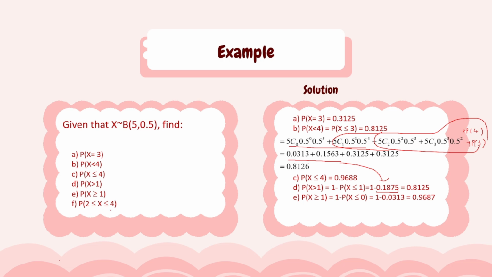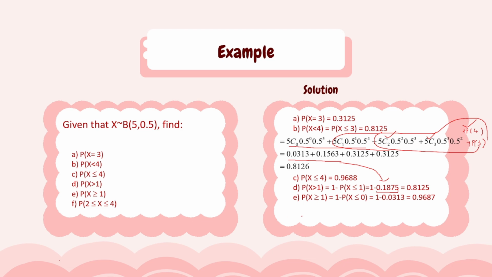So we'll calculate it as the probability of 2, 3, 4. Either you calculate it one by one, or you use the binomial CD.